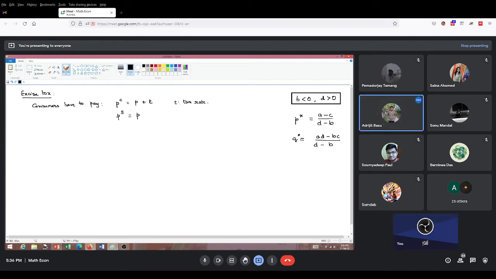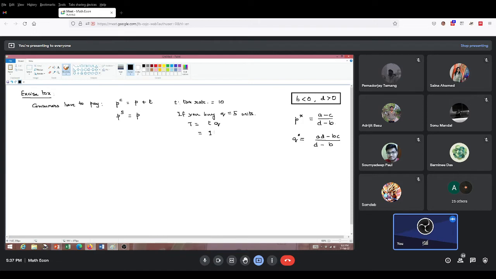Sir, I'm just asking one thing: is the small t like a lump sum tax? No, as I've told you, let us suppose that t is 10. If you buy Q units, let us say Q is equal to 5, then you have to pay a tax of the number of units you are buying times the tax rate.